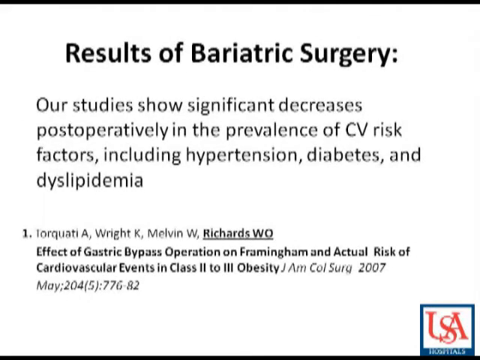What about cardiovascular risk? Because this metabolic syndrome X is a marker. It's a disease that causes hardening of the arteries, heart attack, and stroke.